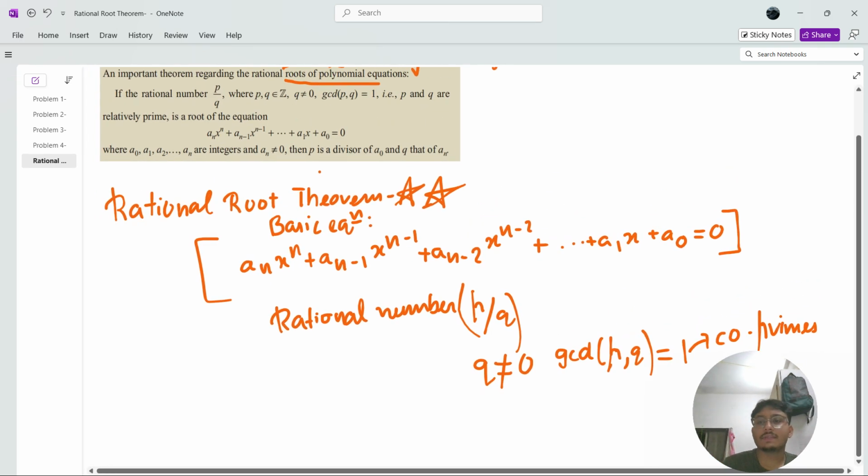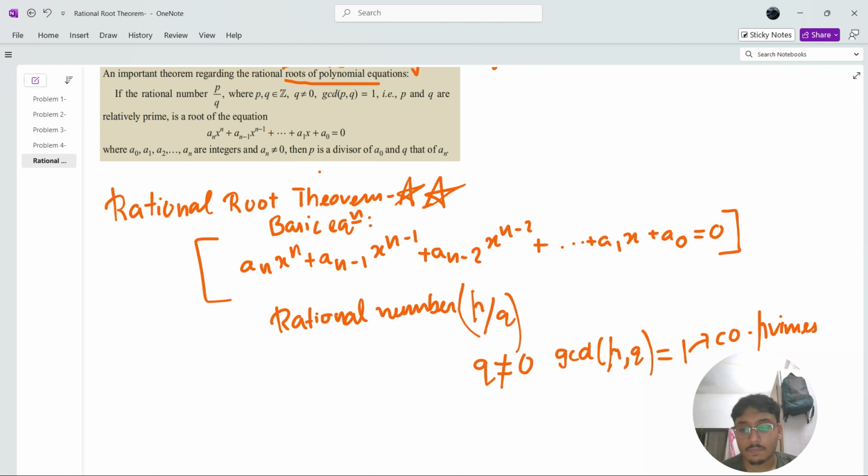So what are we given? That p by q is a root of this equation, where a_0, a_1, a_2, up to a_n all are integers, elements of Z, which is my set of integers, and my leading coefficient shouldn't be equal to 0.